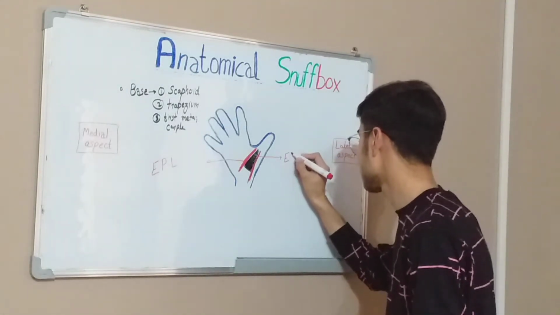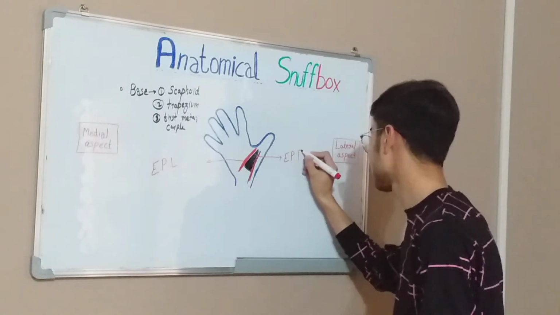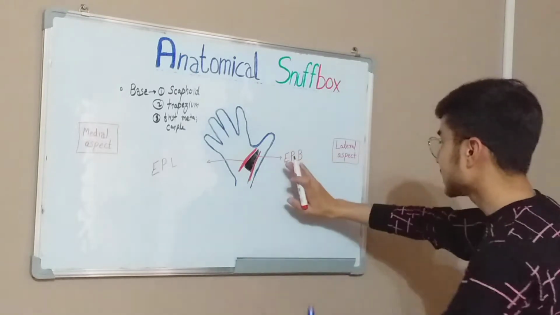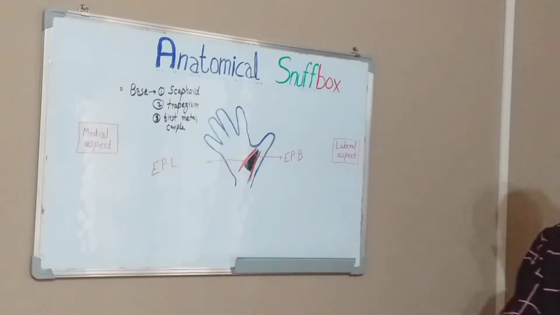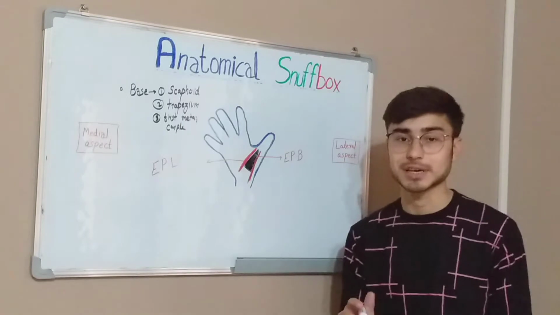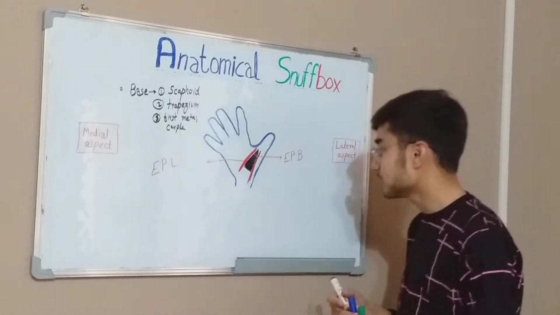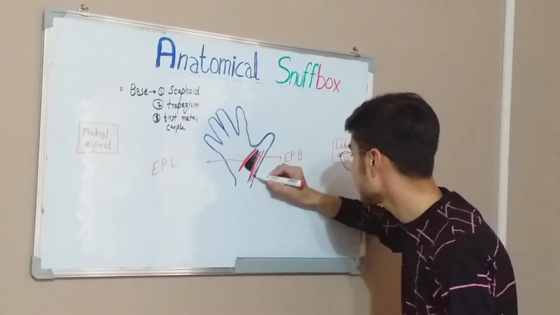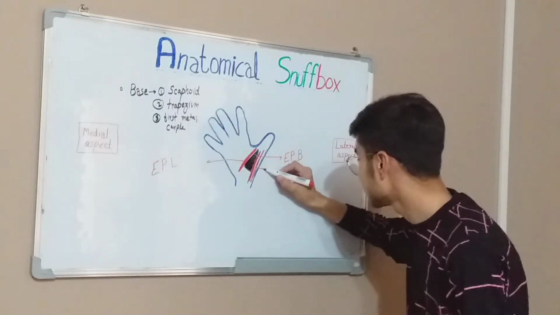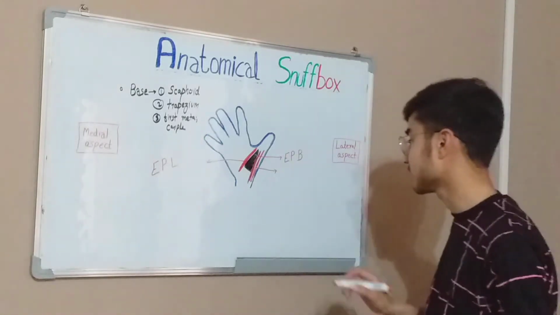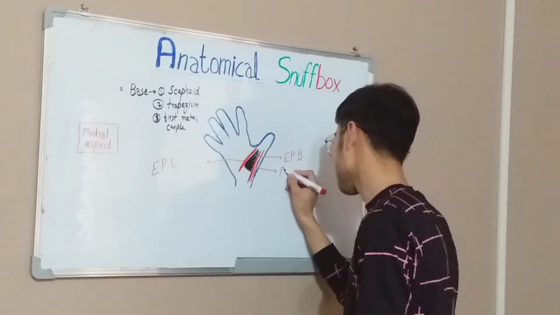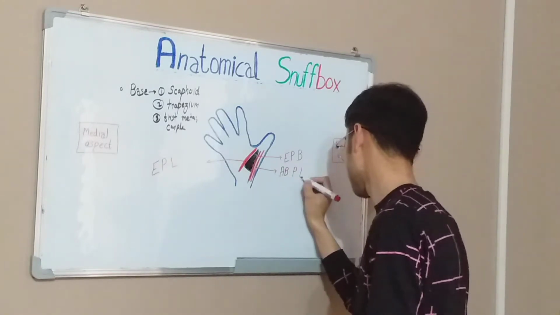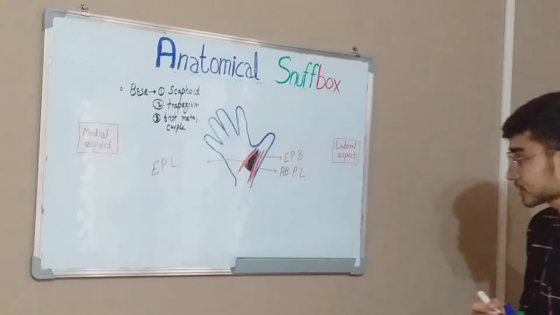And lateral to it, we have another tendon, the tendon of the abductor pollicis longus muscle.